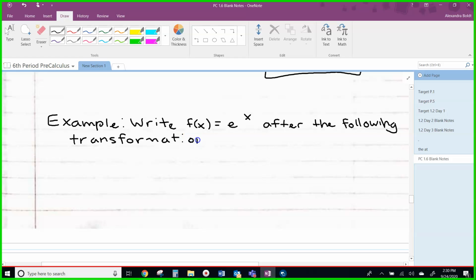So we're actually going to do 5 things to this function. We're going to reflect it over the x-axis. We're going to do a vertical stretch by 3.